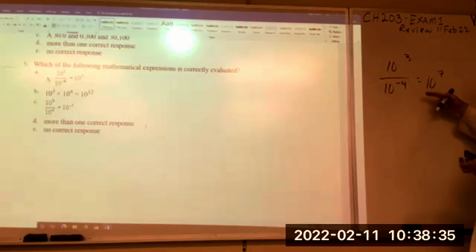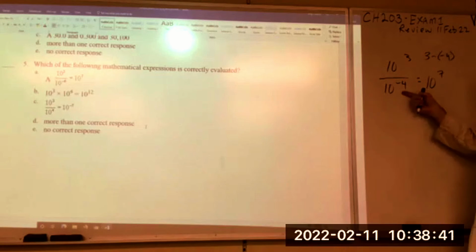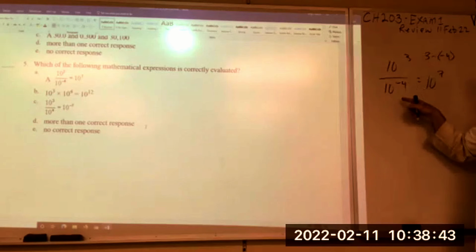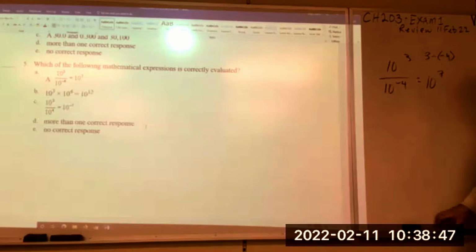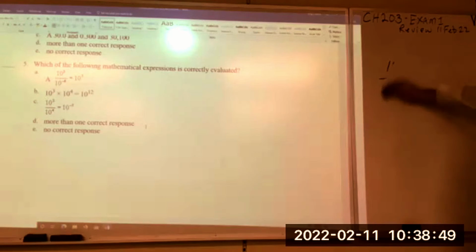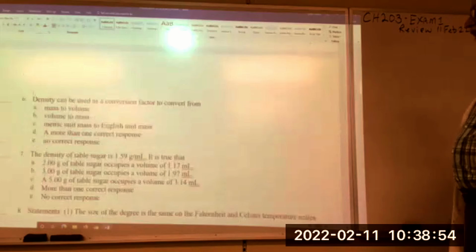Or the other way to look at it is, this one is 10 to the third minus a minus 4. Because in the denominator, you subtract the power of 10 in the denominator. Okay, everybody remember that? Okay, we won't have to stop at this one very long then. Let's see.